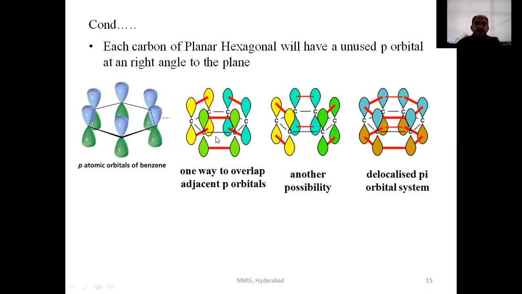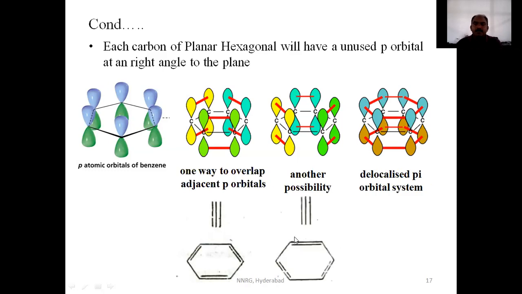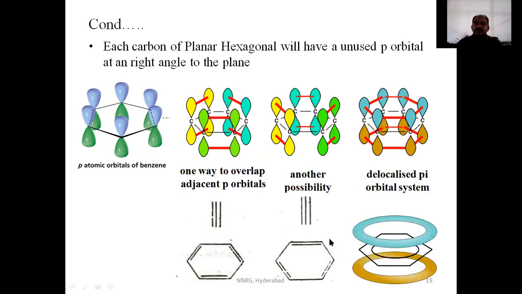So when the pi bond is formed in this fashion, it forms a benzene structure in this format. And when the pi bond is formed like this, there is a possibility of a benzene structure formed like this, with double bonds in this fashion. And overall, the p orbitals perpendicular to the structure of benzene overlap each other to form an electron cloud above the plane and below the plane.